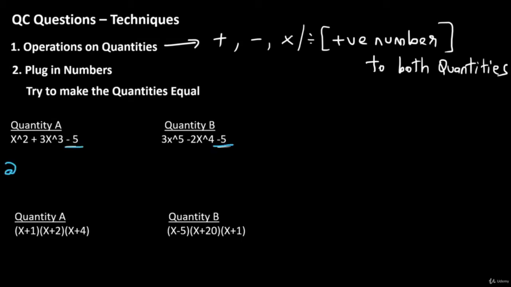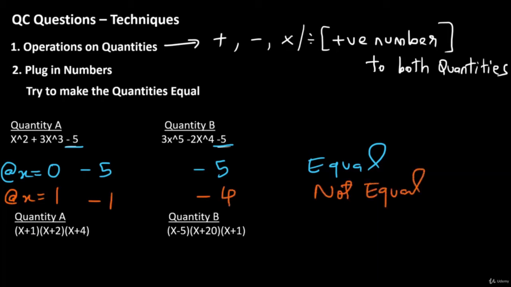So if I substitute x is equal to 0, then quantity A becomes minus 5 and quantity B becomes minus 5, and these are equal, right? Now if I substitute any other value for x, let's try x is equal to 1. In this case, quantity A becomes 1 plus 3 minus 5 which is equal to minus 1, and quantity B becomes 3 minus 2 minus 5 which is equal to minus 4, right? And these two are not equal.